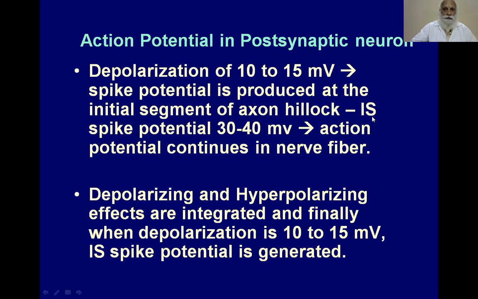Then a spike potential of 30 to 40 millivolts occurs, and you find the action potential continuous with the fiber. Depolarizing and hyperpolarizing levels are integrated and summated, and when depolarization reaches about 10 to 15 millivolts, the spike potential is produced.